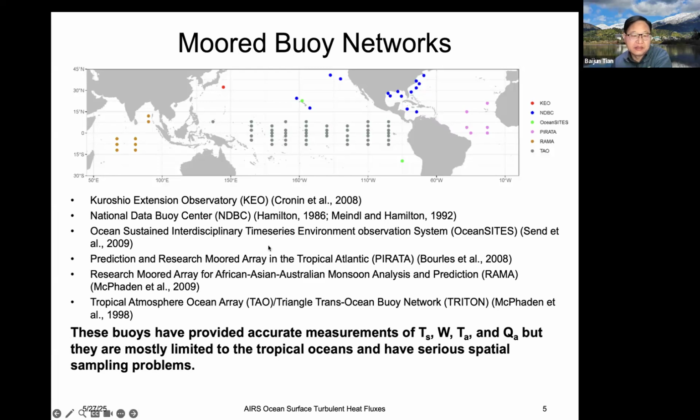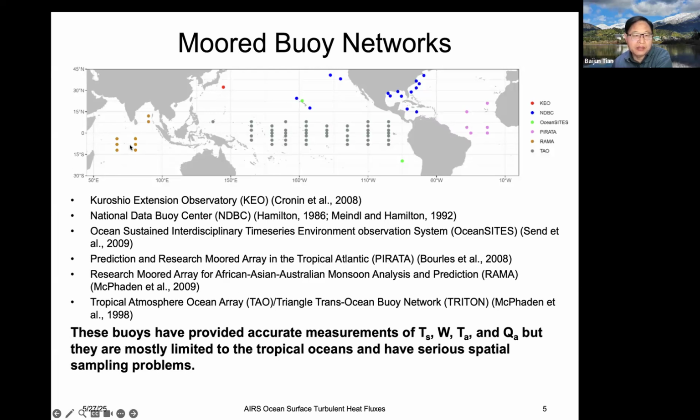The green one is the Ocean Sustained Interdisciplinary Time series Environment observation System, OceanSITES. One is in the North Pacific, one in the Southeast Pacific. Also well known is PIRATA, the Prediction and Research moored array in the tropical Atlantic, in this region.